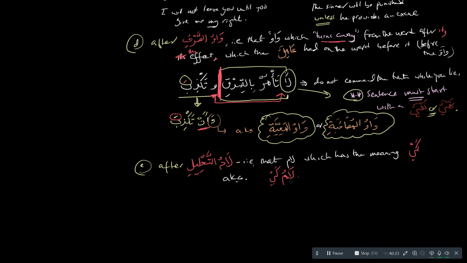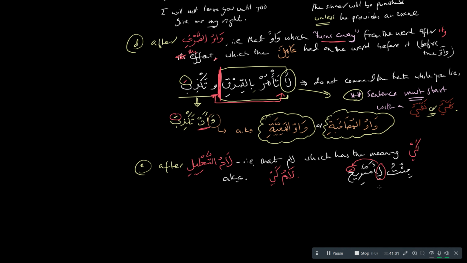So, جئت لأستريح. Here's the example. I came so I can rest. So this "li" here is making this mansub: I came so I could rest.